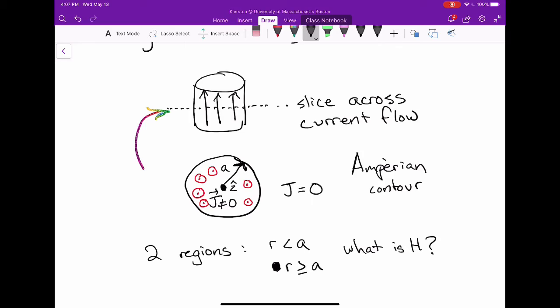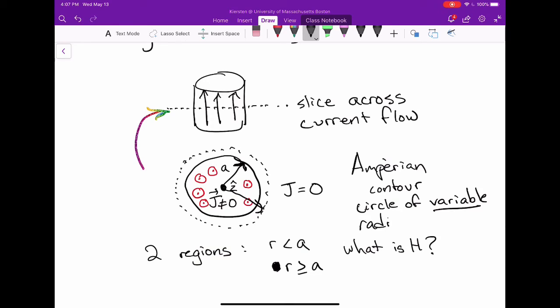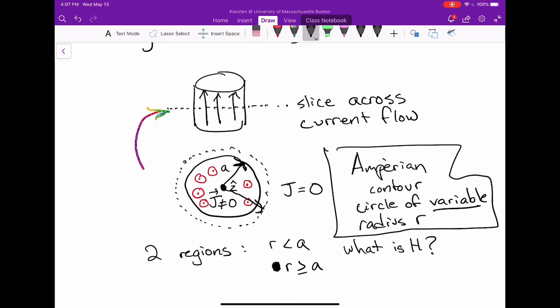So what we're going to do is define our contour to be a circle of variable radius r. All right, so that's our Amperian contour.